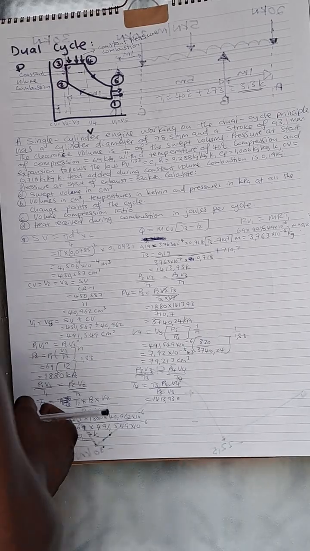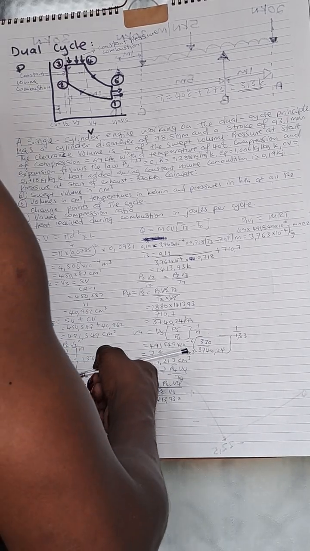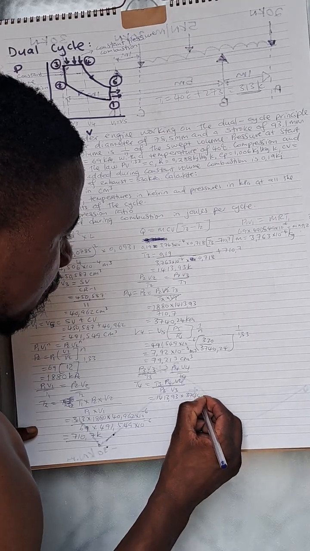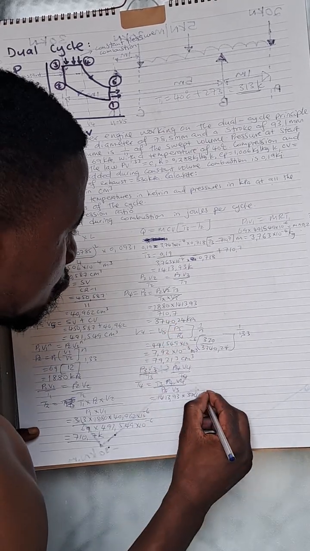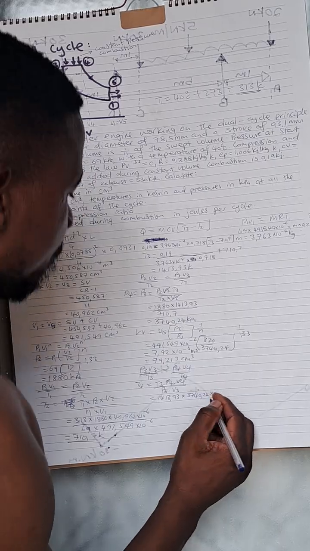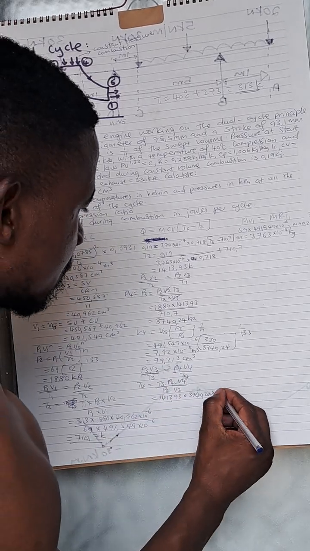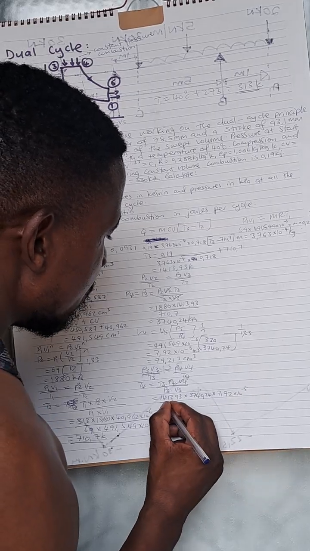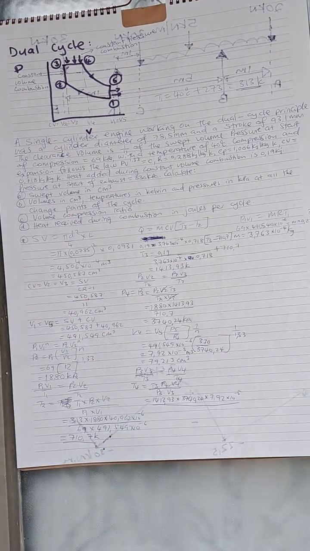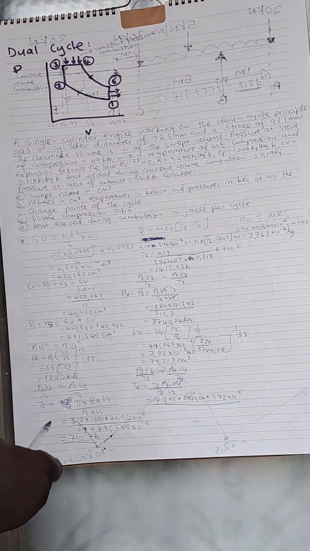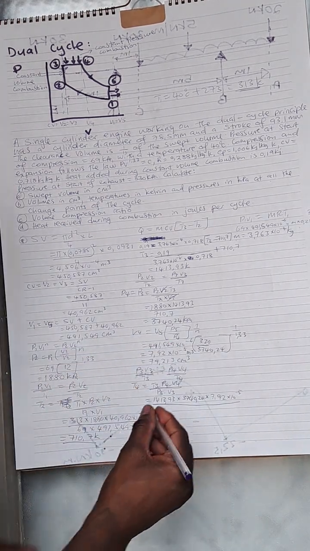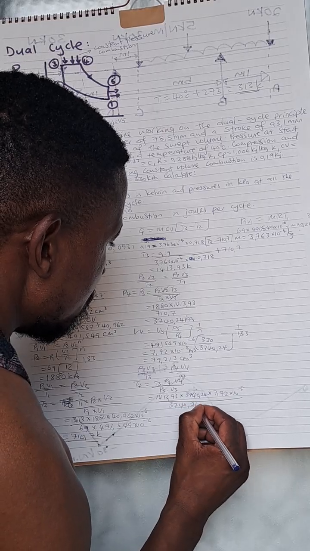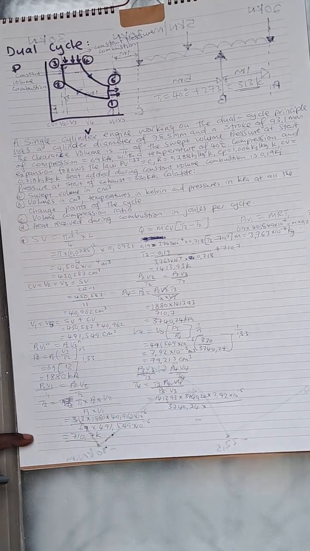Our P4 is 3740.24. Our V4, we just calculated it now, which is 7.92 times 10 to the power of negative 5, divided by P3, which is 3740.24, times V3.